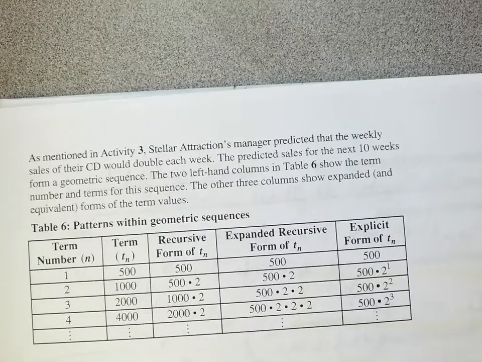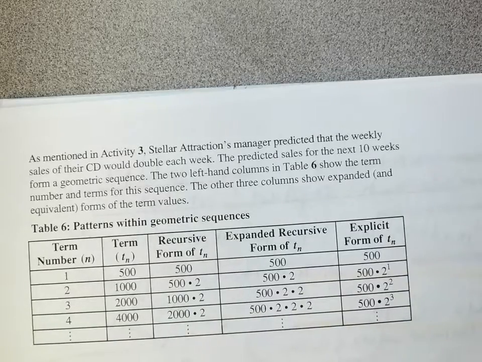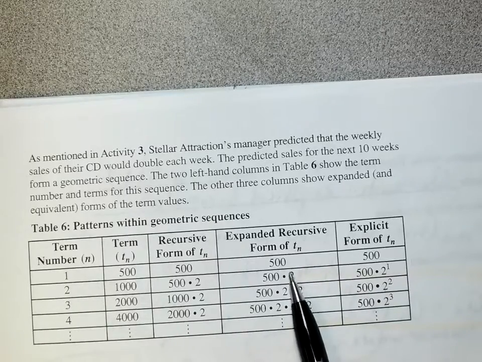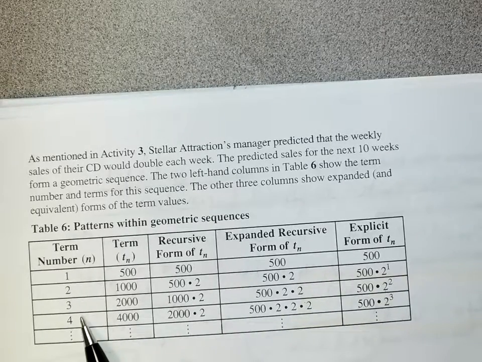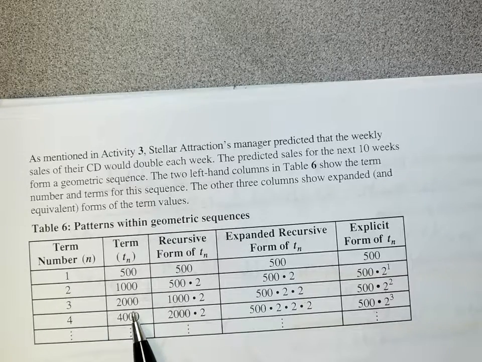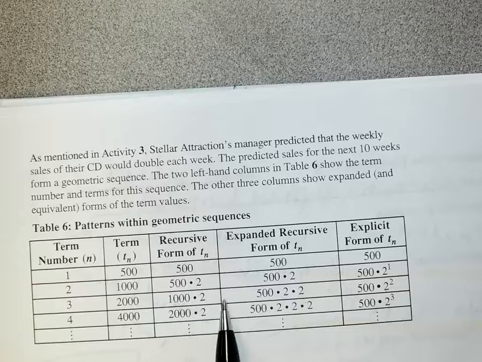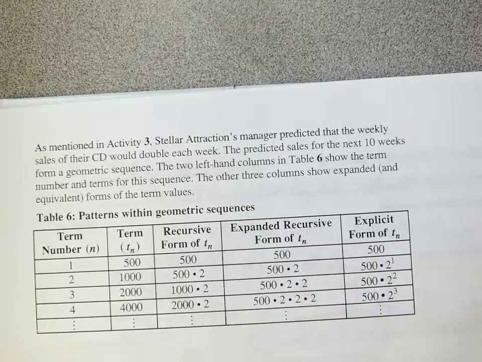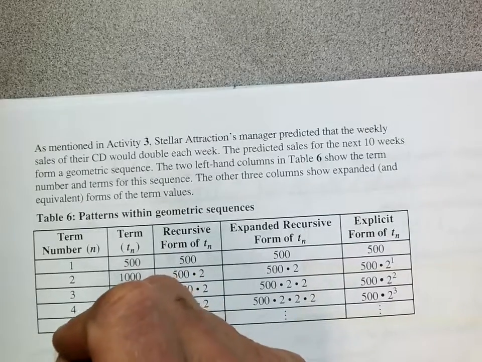Stellar Attraction Manager predicted that the weekly sales of their CDs would double each week. The predicted sales for the next 10 weeks form a geometric sequence. The left two columns of Table 6 show the term number for this sequence and the term of it. So what they're trying to do here is figure out what if they keep expanding, and I'm only going to do the next one, which would be the 5th.